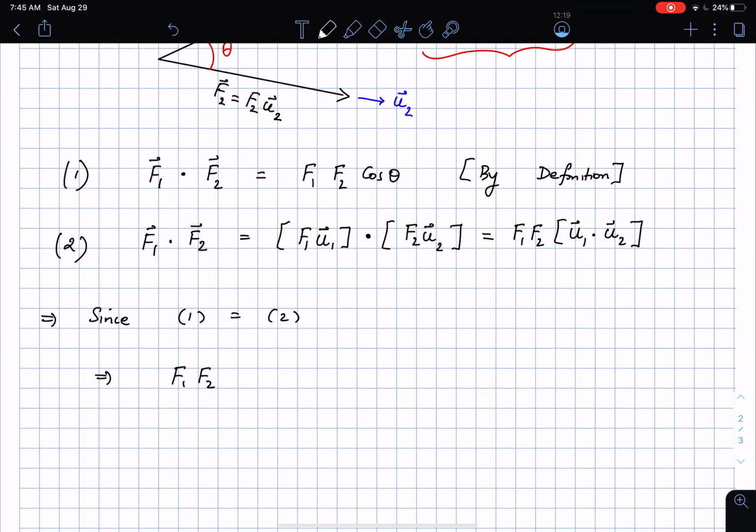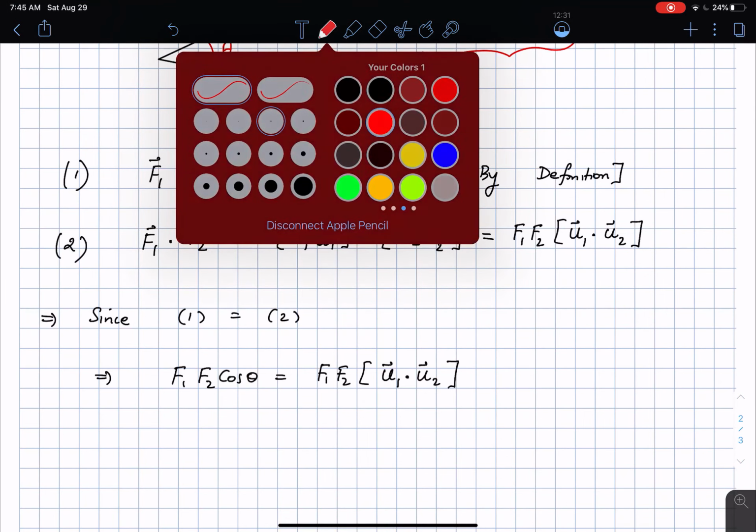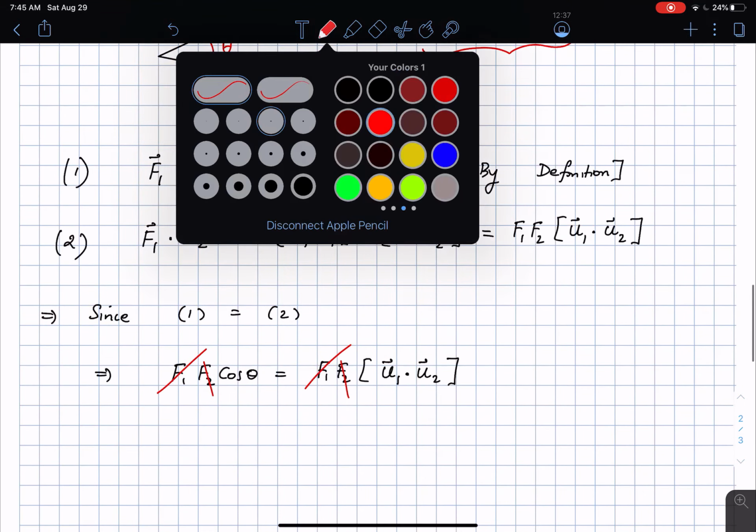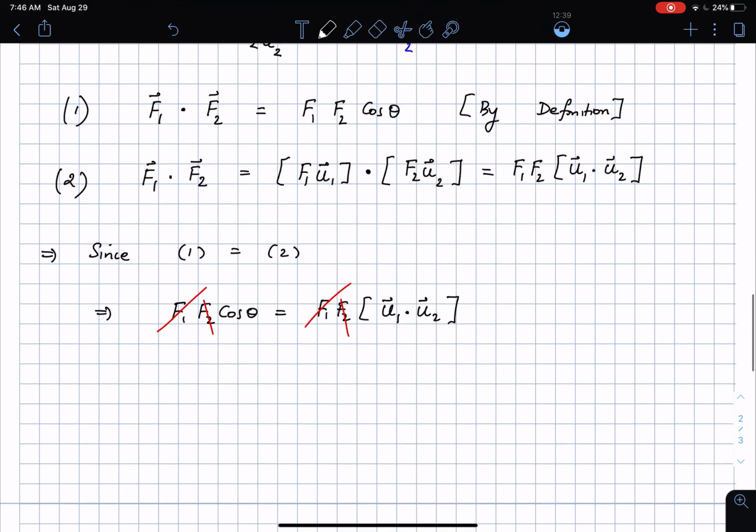f1 f2 cos theta is equal to f1 f2 times u1 dotted with u2. It is obvious to see that this guy is going to cancel off with that guy, which tells you something really, really nice.